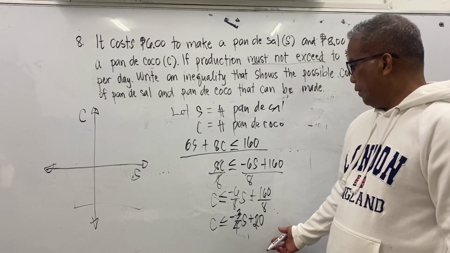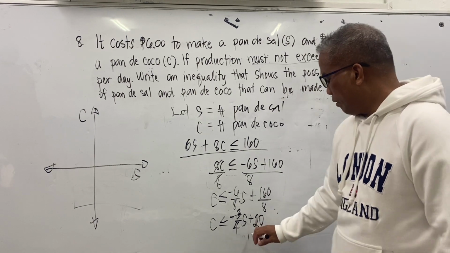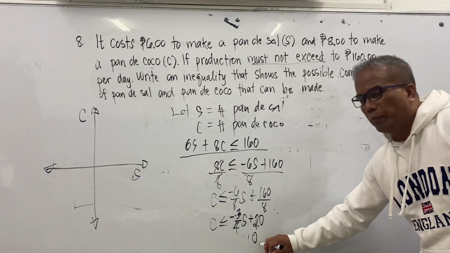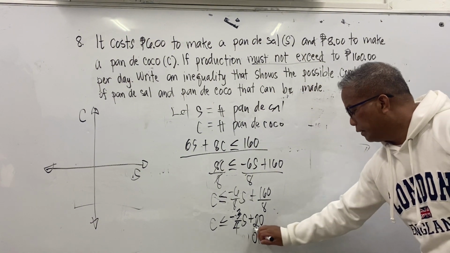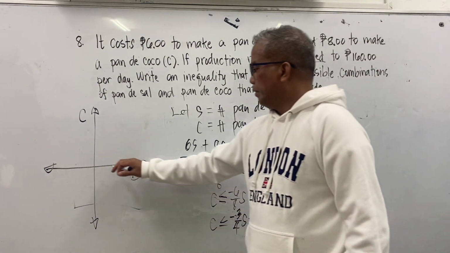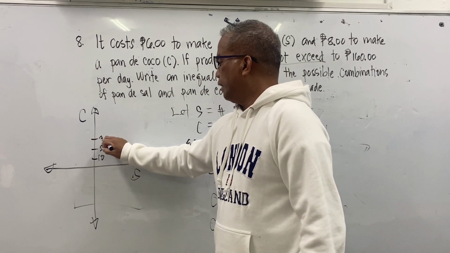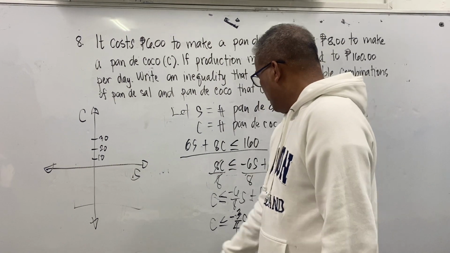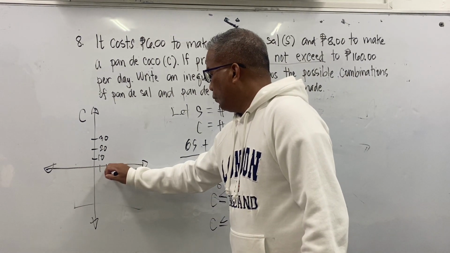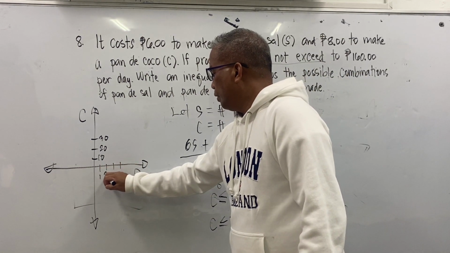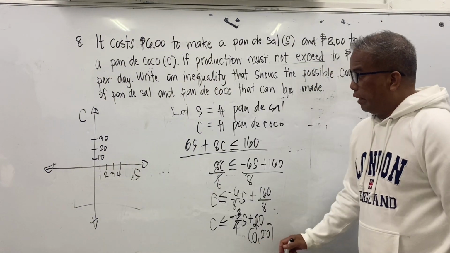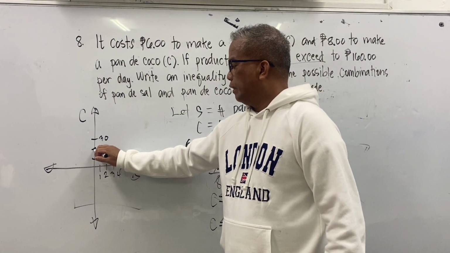So let's start here using the slope-intercept form, 0, 20. So 10, 20, 30. Then here we have 1, 2, 3, 4. Alright. 0, 20 is here.